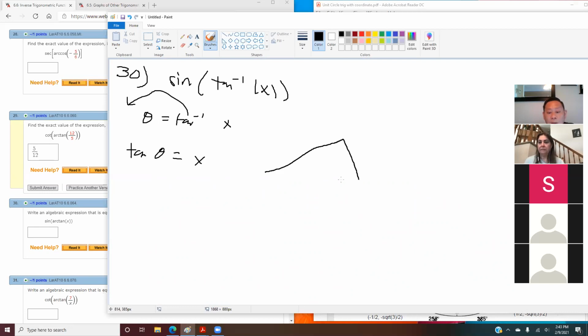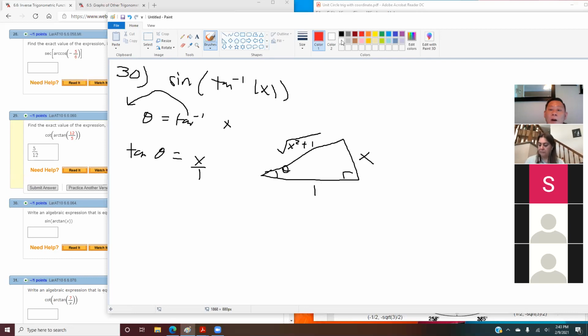So when you draw the right triangle, this is x over 1. So your opposite is x, your adjacent is 1. To find your hypotenuse, a squared plus b squared: x squared plus 1, or 1 plus x squared, doesn't matter which one you put.